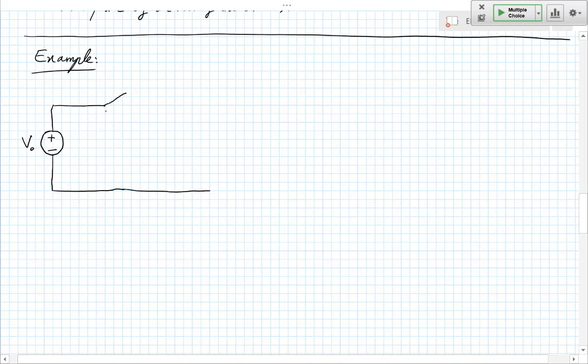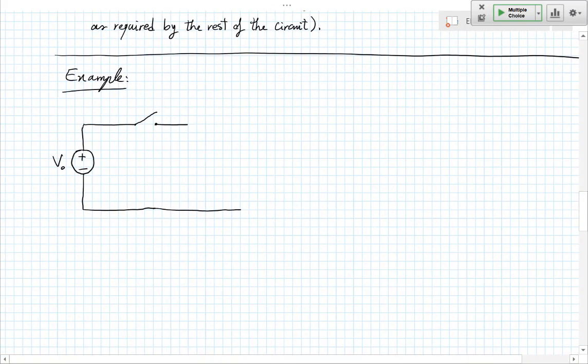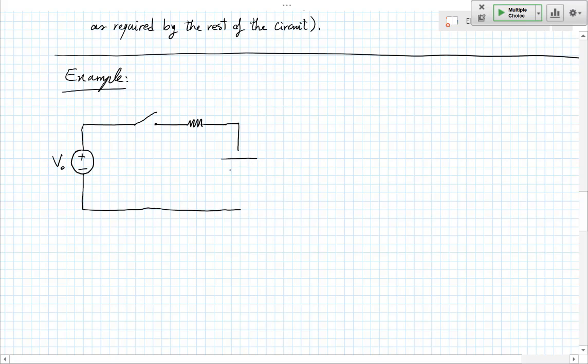I'll put a switch here. A resistor and a capacitor. Let's call this R, C. And this switch will be closed at time t equals 0. So this symbol, t equals 0, put on top of the switch here, indicates that at t equals 0, someone has closed the switch, turned it on.